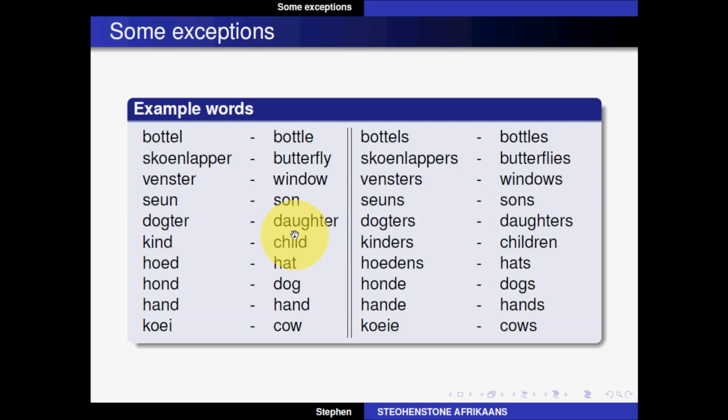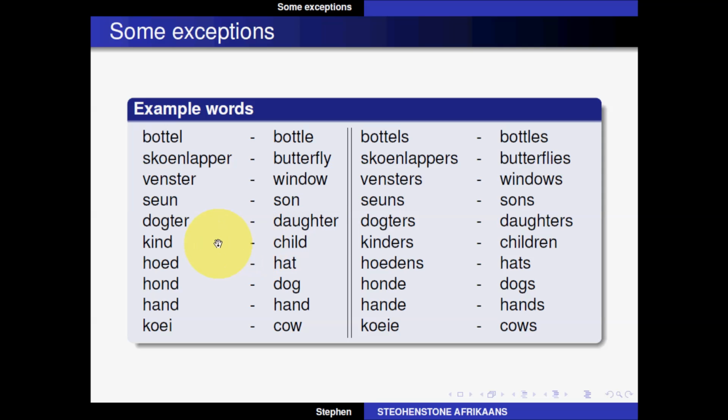The word daughter in Afrikaans is dochter. And the plural, daughters, in Afrikaans is dochters. So you see, for these, I have a collection here where I just attach an S to indicate the plural, similar to many words in English.